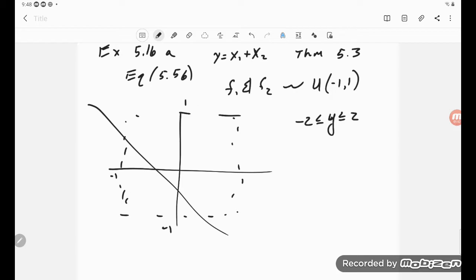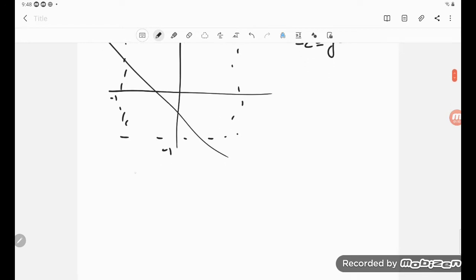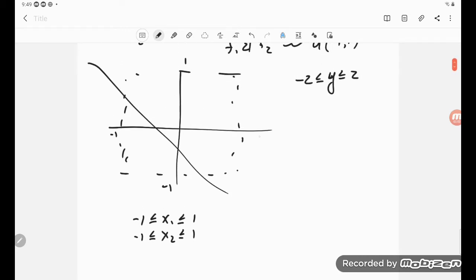And as you think about the bounds on this, what you start with is that -1 is less than or equal to x1 is less than or equal to 1, and -1 is less than or equal to x2 is less than or equal to 1. And our curve here says x2 is equal to y minus x1.